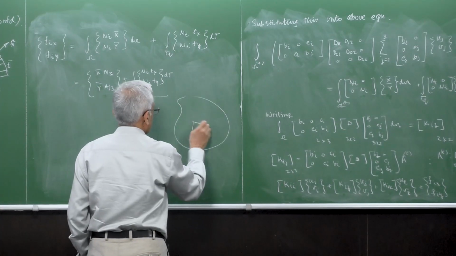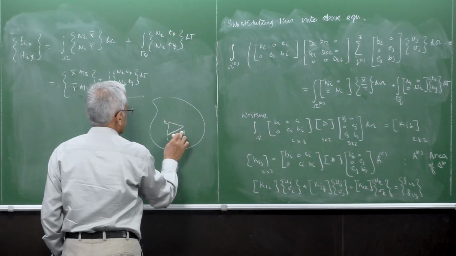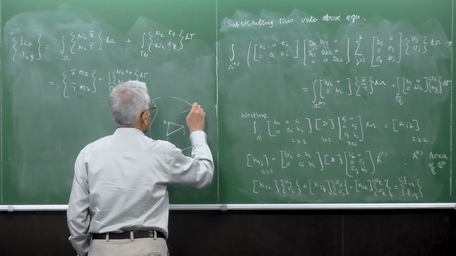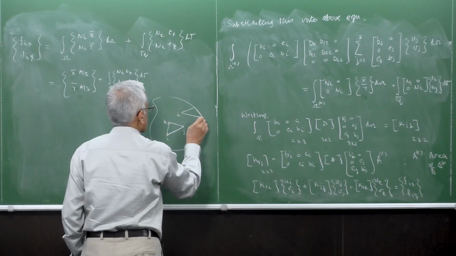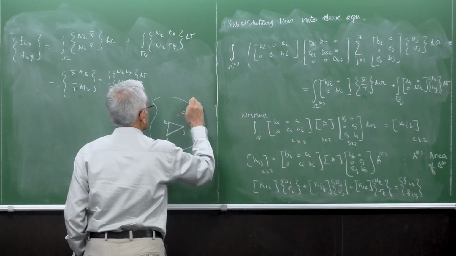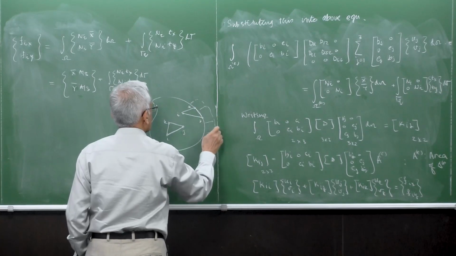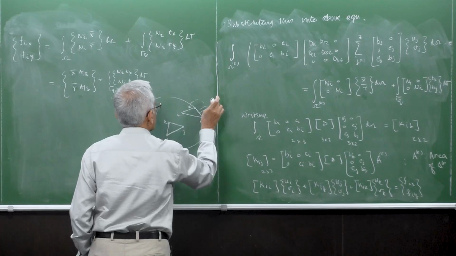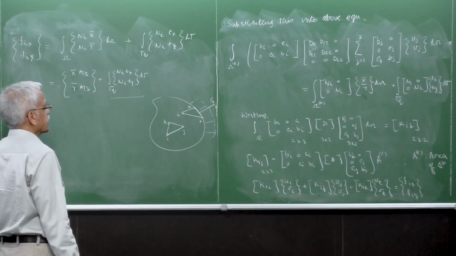There are 2 types of situations, either the element being very much inside, or a part of the element falling on the traction boundary condition.